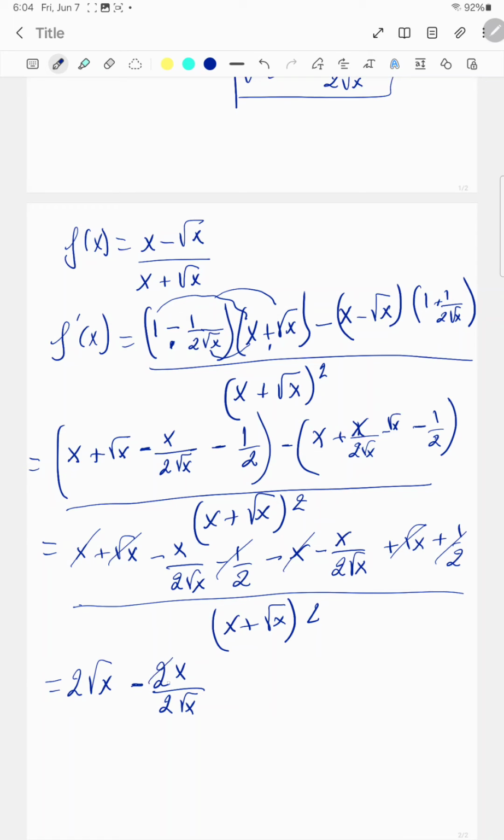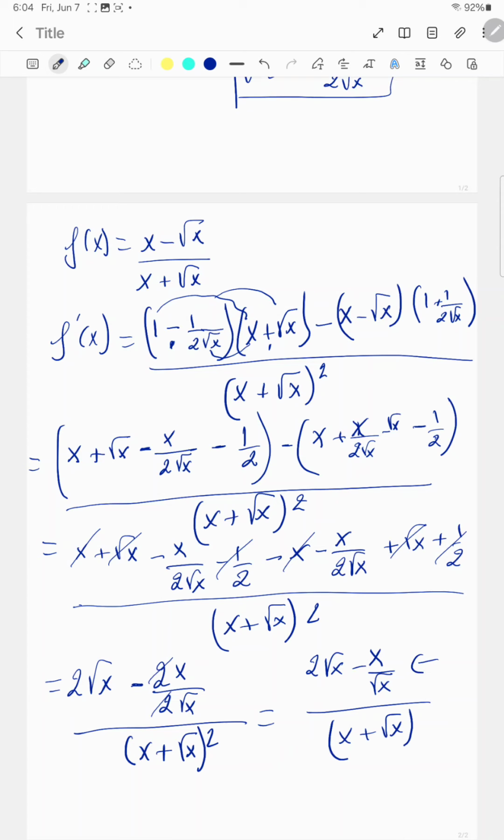So I can cancel out my 2's, and all of that is divided by x plus square root of x squared. So this is equal to 2 square root of x minus x divided by square root of x, all that is divided by x plus square root of x squared.